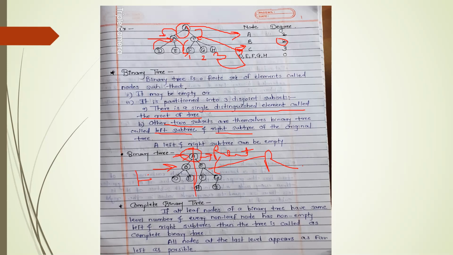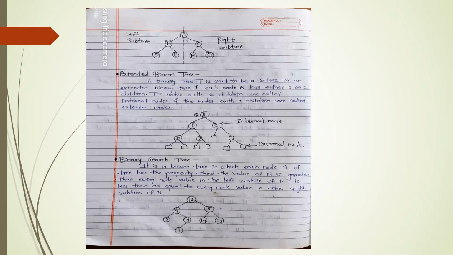Means both in the left subtree and in the right subtree they are the same nodes and they are non-empty. Here is the left subtree and here is the right subtree. Level numbers of both subtrees are the same. If there is any node below this, then this is not a complete binary tree.